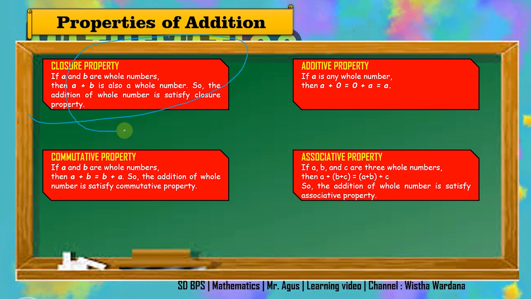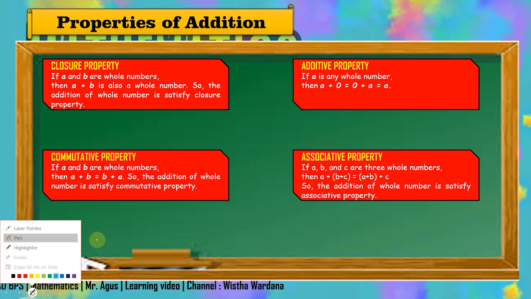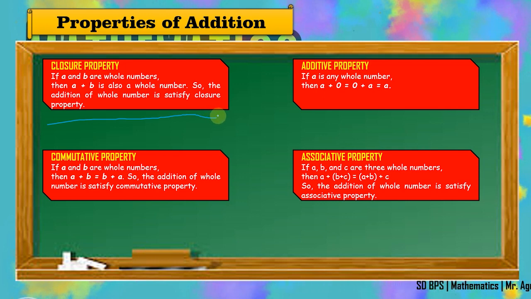If A and B are whole numbers, then A plus B is also a whole number. So the addition of whole number satisfies closure property.